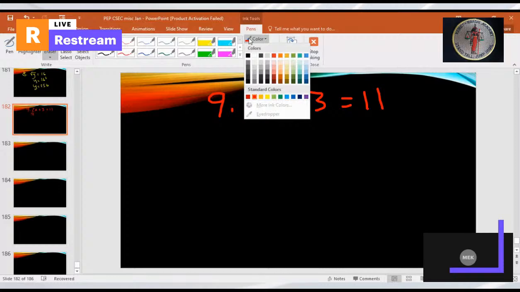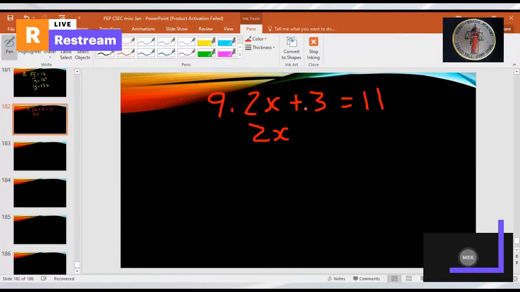So we write back the 2x. Since it's plus 3, move it across to become minus 3. And that will be 8. All right, so we're one step closer to home. So 2 times what gives 8? We're multiplying by 2, so to move the 2 to the right, we need to divide by 2.